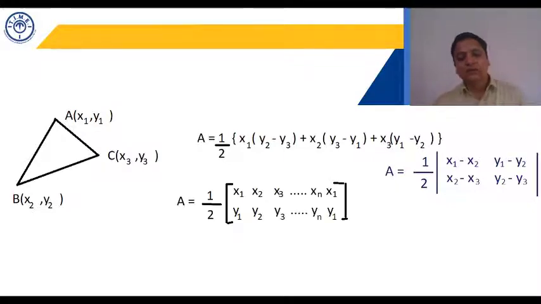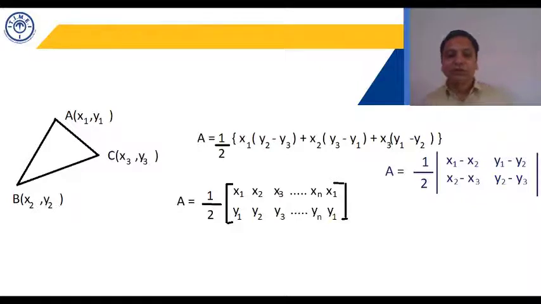Then this third expression is applicable for any polygon whose vertices are given, with points taken in a cyclic order. Just see the question. We write the values as x1, y1, x2, y2, x3, y3 up to xn, yn. It has n vertices, it's an n-sided polygon. Then we repeat the first coordinate, that is x1, y1.